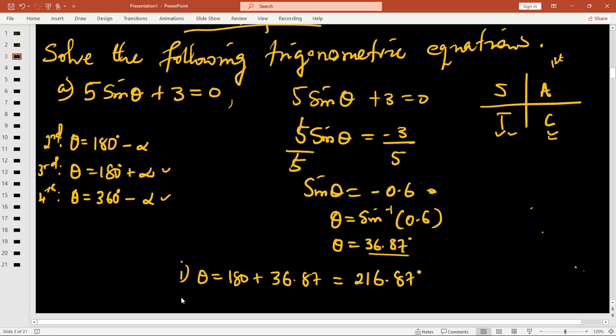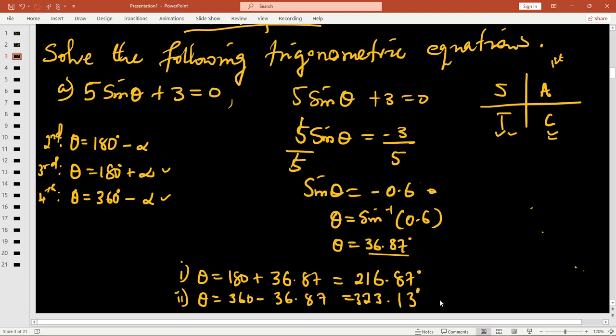degrees. Then the second solution that we're looking for, from the fourth quadrant, because we know the sine function is negative in the third and the fourth quadrant, is 360 degrees minus 36.87. So here we have 323.13 degrees.